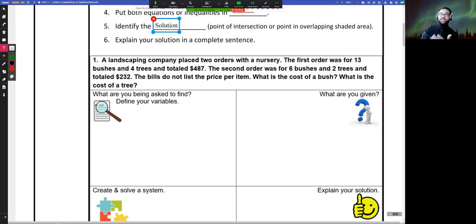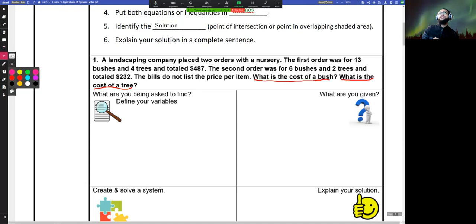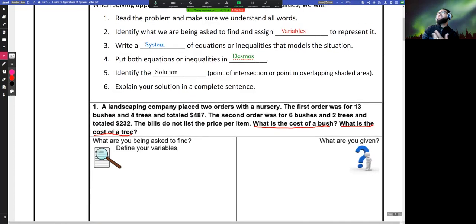All right, so here it's very clear what they are asking us. They come right out and say, what is the cost of a bush and what is the cost of a tree? That's this part right here. So our first thing is to identify what we're being asked to find, our variables. Let me type that out so we don't get confused in any of these steps.